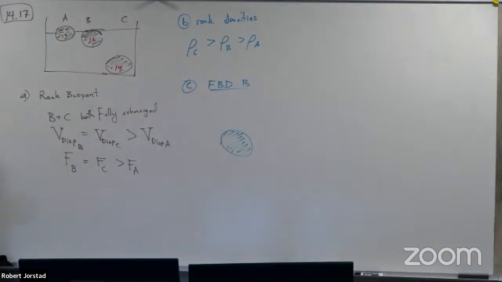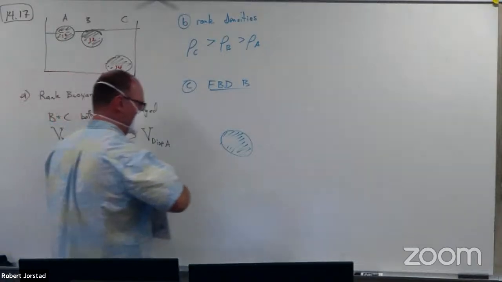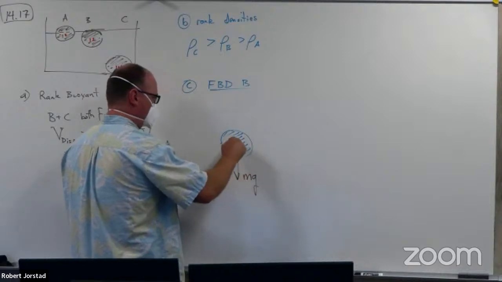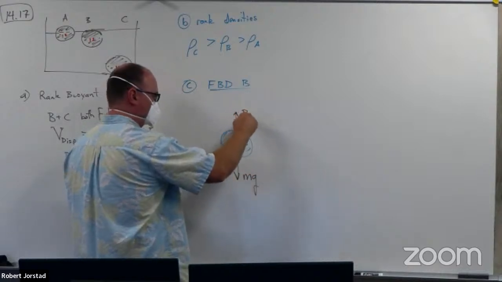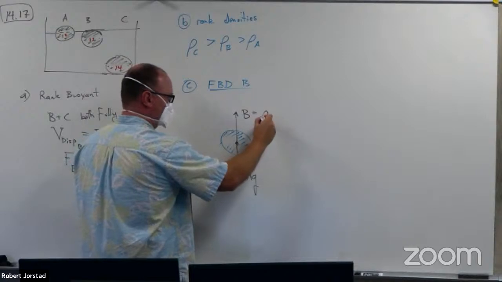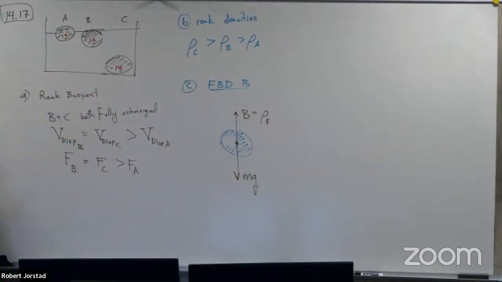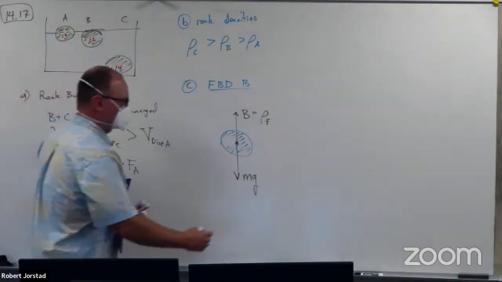What are they? Mg. And what supports it? The buoyant force. What's the volume displaced for ball B? It's fully submerged. What would be a good equation to describe the volume of ball B? 4/3 pi r cubed. Yes.